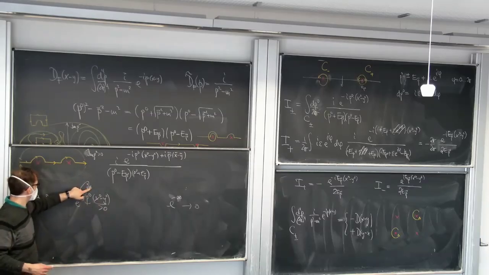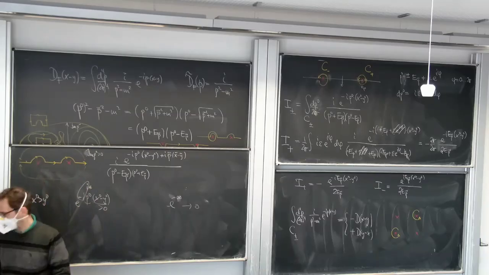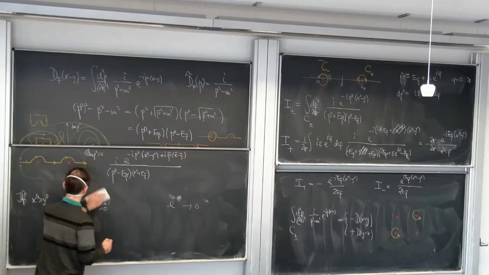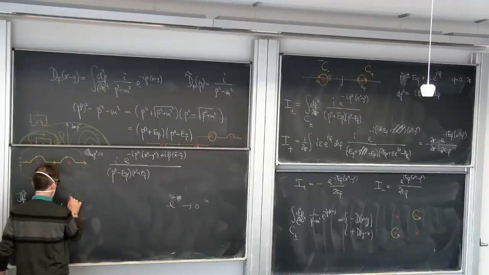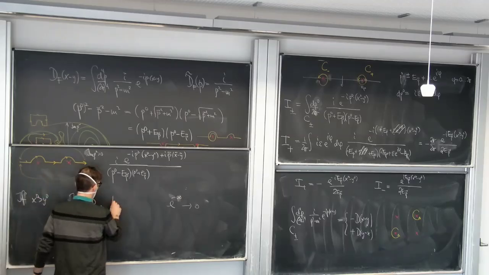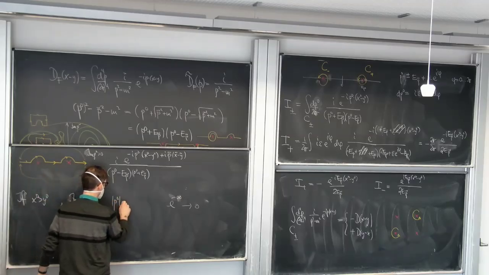What you just said. So if x0 is larger than y0, and the imaginary part of p0 is less than 0, and the actual value of p is infinity.